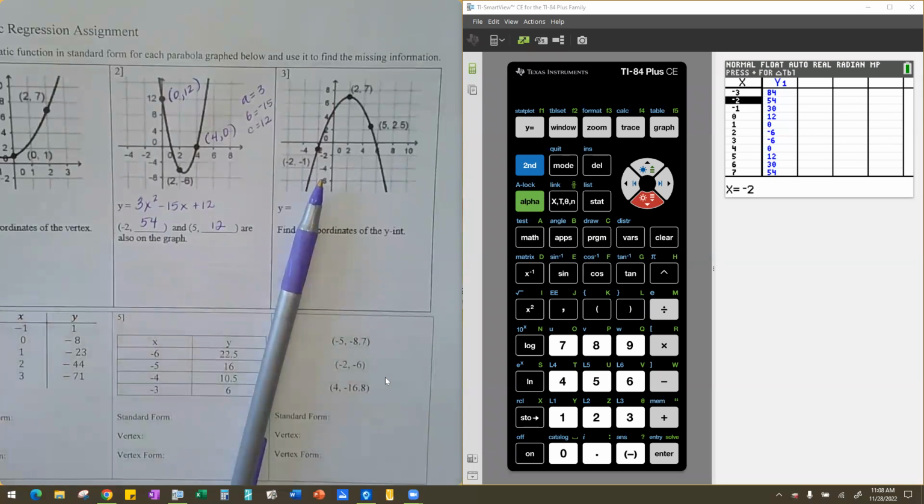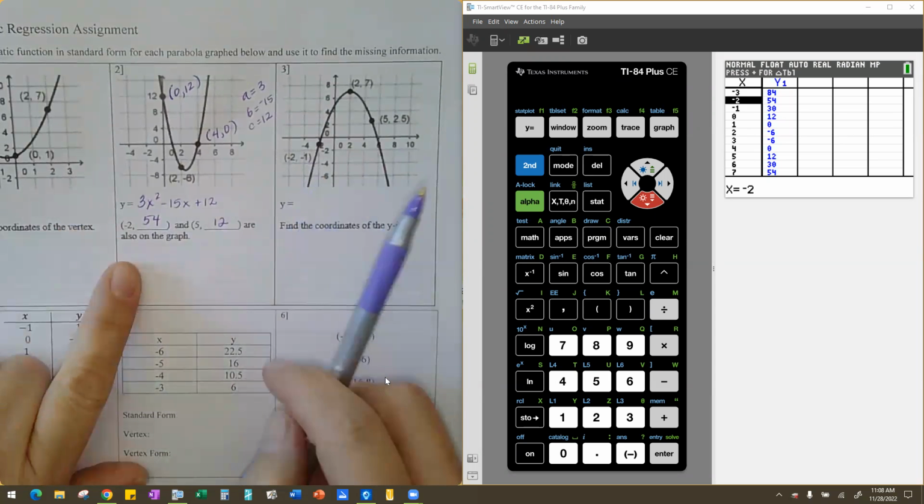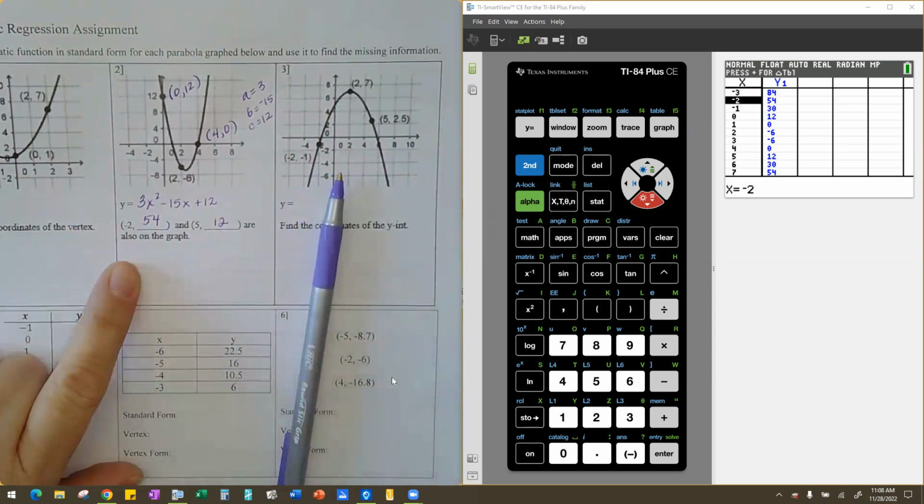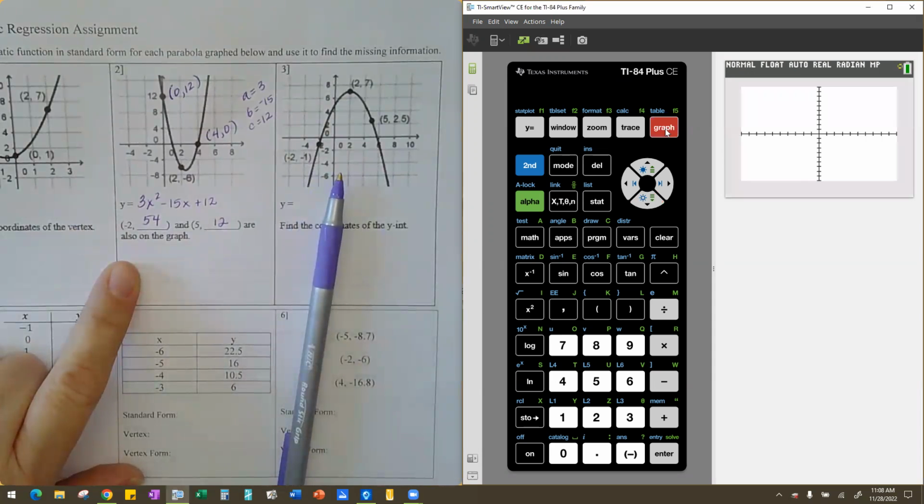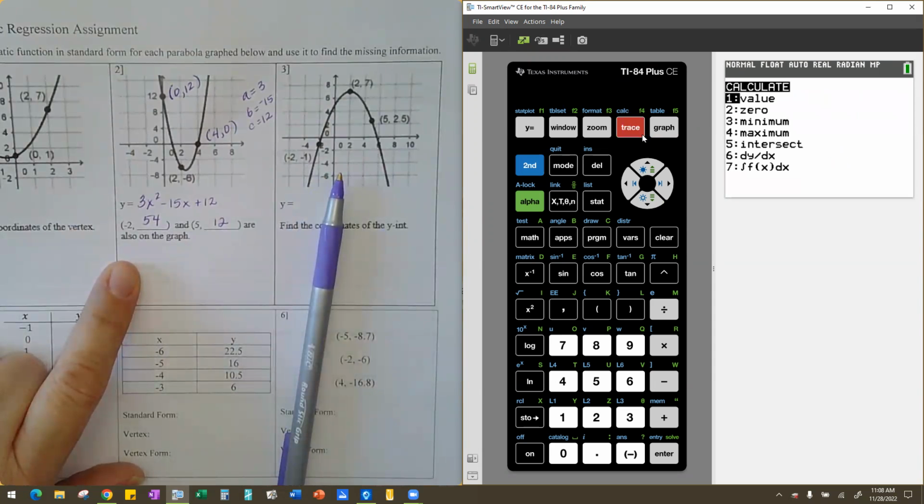Some other things you can find on the calculator are the vertex. If I look at the graph, I can read from the graph or I can read from the table where the vertex is. It appears to be in between 2 and 3. Maybe let's just double check. You can do second trace.